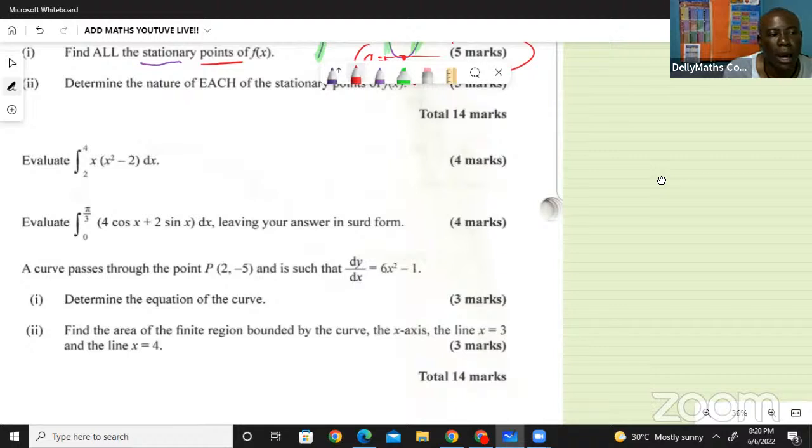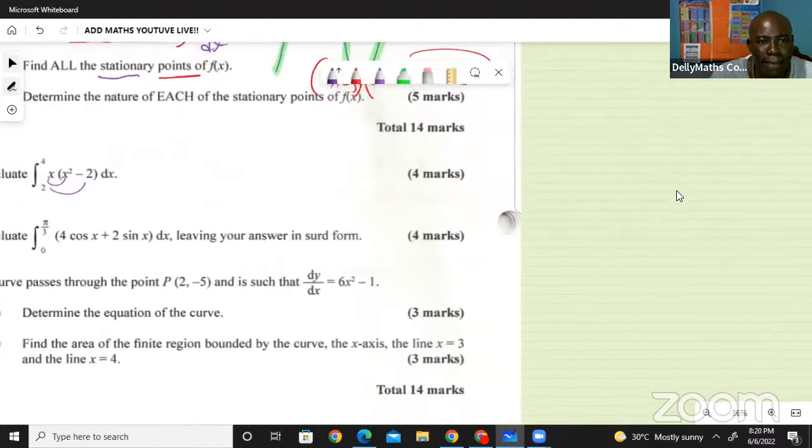Remember though, at this level in ADMATH, you will get mainly polynomial and some sine and cosine to deal with, whether they ask you to differentiate or to integrate. And so like this one, just multiply here.